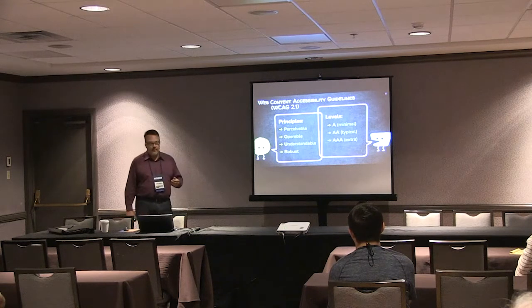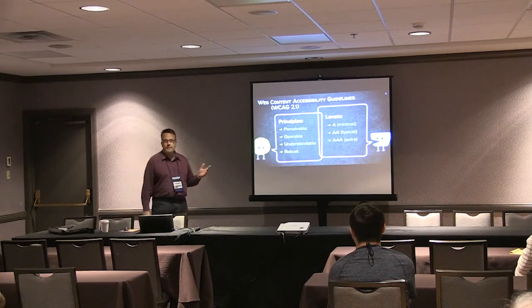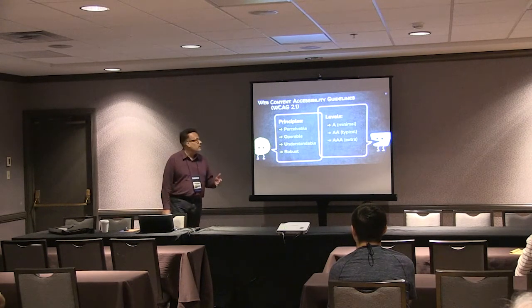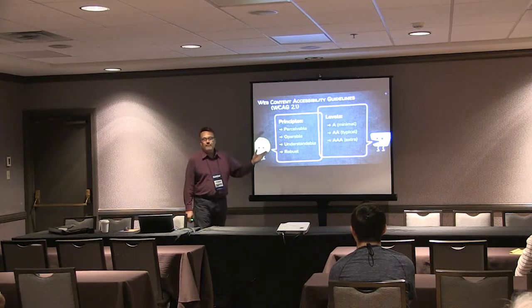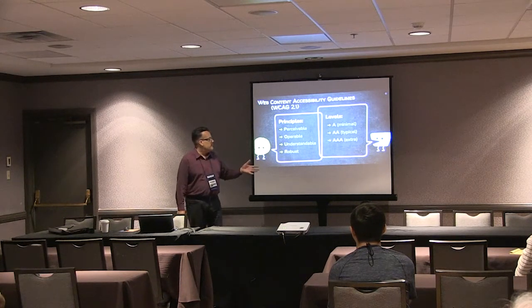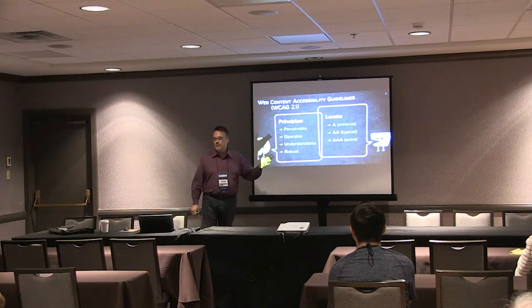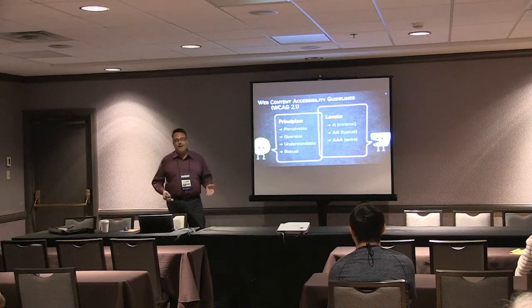Also within WCAG, there are different guidelines, there are different success criteria, and they're organized into 3 levels of conformance. There's level A, which is pretty minimal. It's just the basics. I think of it more as kind of a stepping stone to something that's a little stronger.